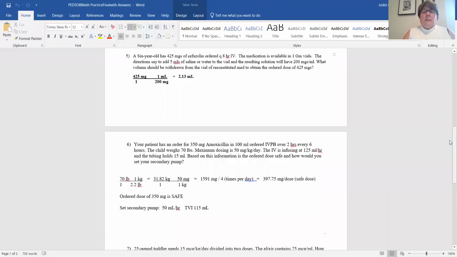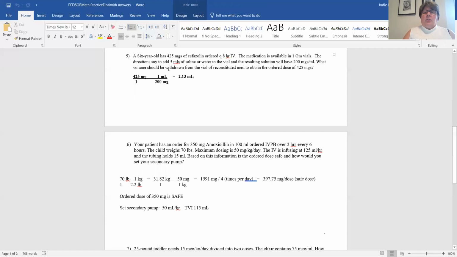Number 5, you have a 6-year-old who has an order for 425 milligrams every 8 hours. The medication is available in 1 gram vials. The directions say to add 5 milliliters, and your resultant solution will be 200 milligrams per milliliter.